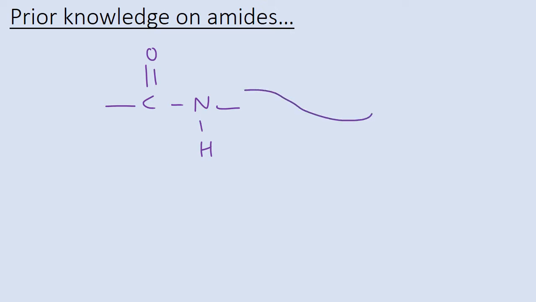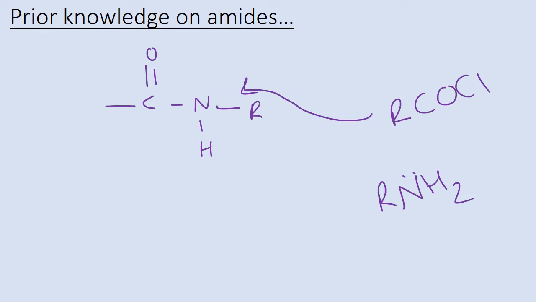So again, you've seen that, and we did the mechanism. That was your acyl chloride, and this was with an amine. And again, it was the exact same mechanism, your nucleophilic addition elimination, and you would make your amide. Call that R dash, and you would make your amide. Okay, so we have seen this.